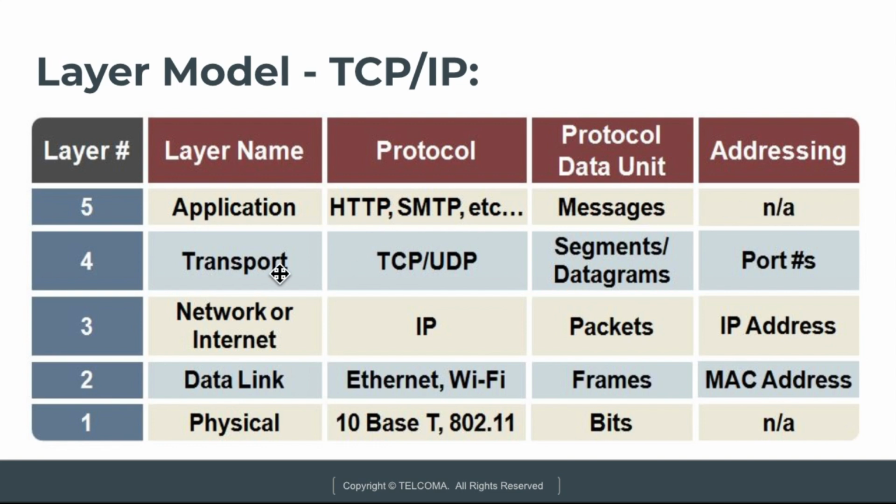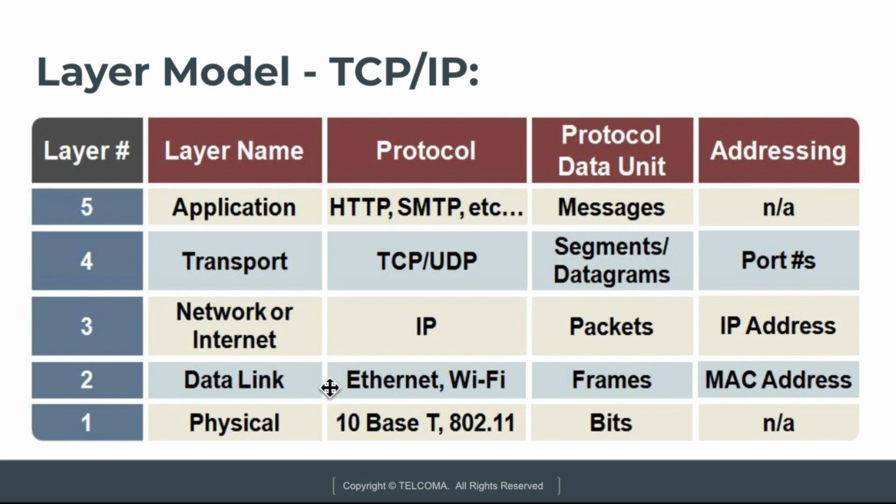Next, at the transport layer, it uses the TCP or UDP protocol, and it converts the message into segments or datagrams and adds port numbers to them. Next, at the network or internet layer, it uses the Internet Protocol to make these segments or datagrams into packets, and it adds IP addresses to these packets.